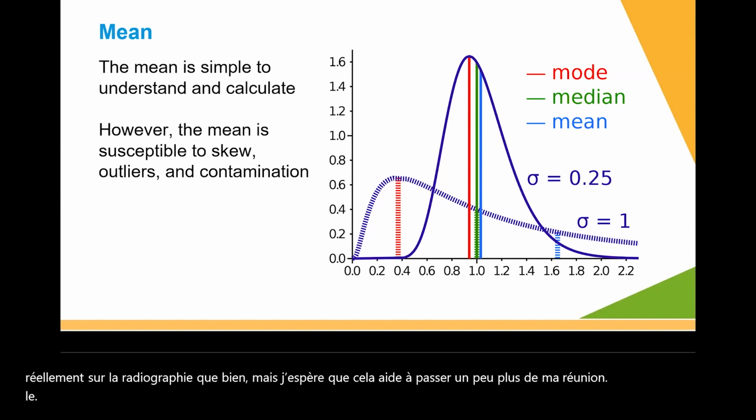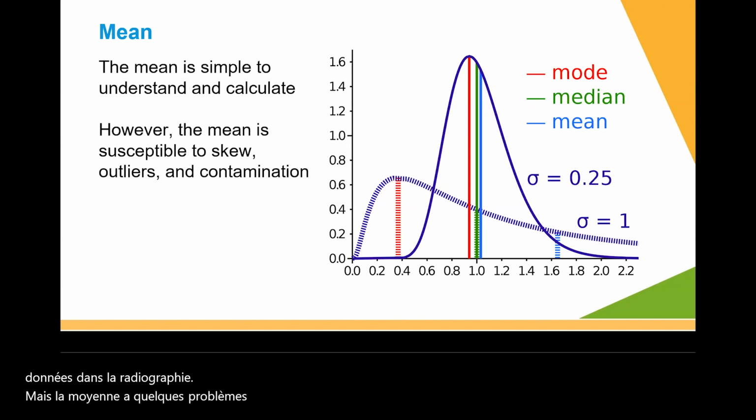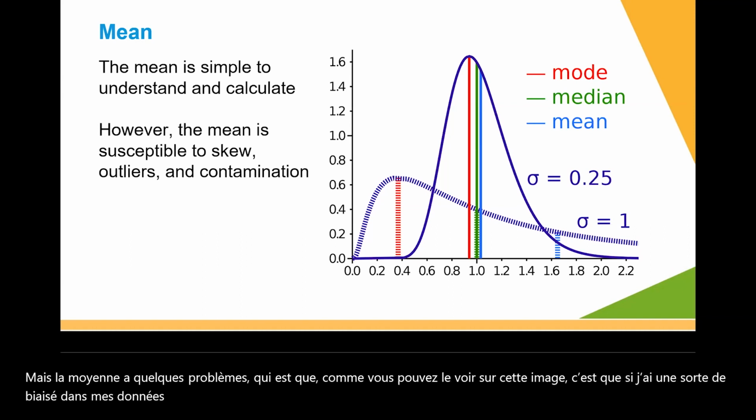The mean is simple to understand and to calculate, and it is also easily available in combining datasets in Xarray. But the mean has a couple of problems. As you can see from this picture, if I have any sort of skew to my data, the mean may not be very representative of all of my data.